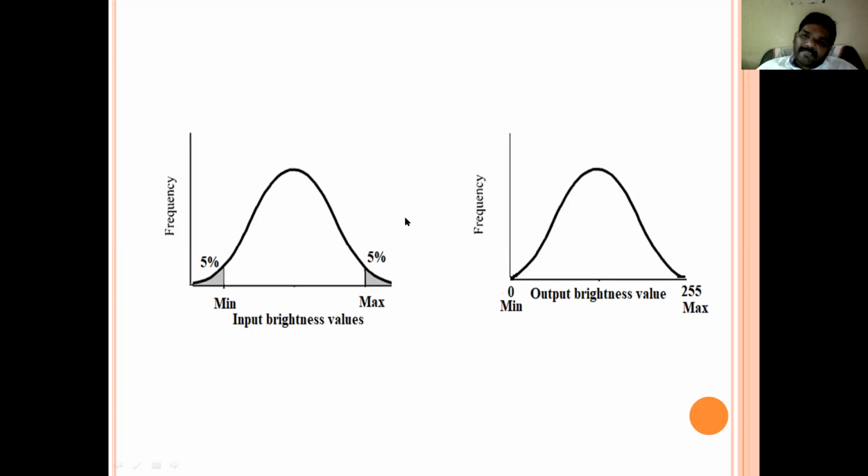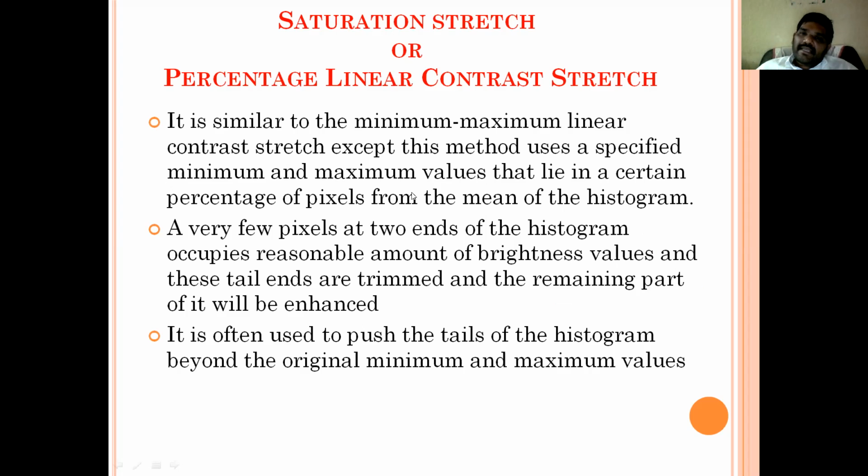This method uses specified minimum and maximum values that lie in a certain percent of pixels from the mean of the histogram.